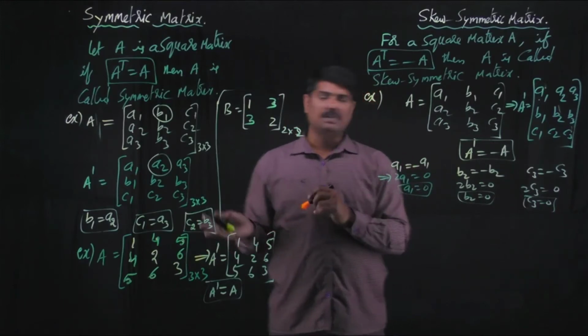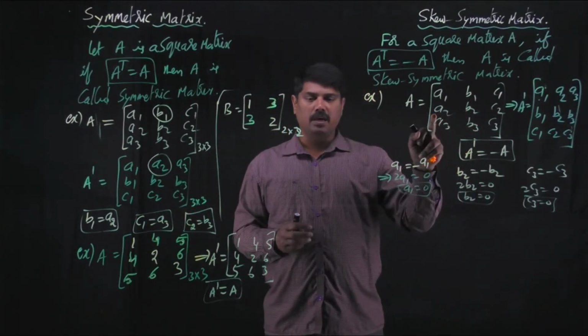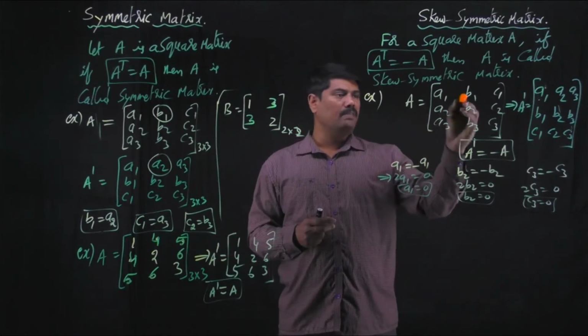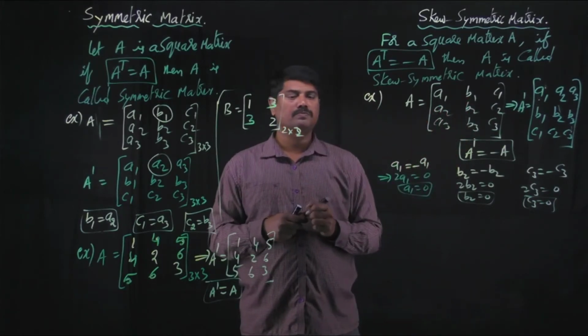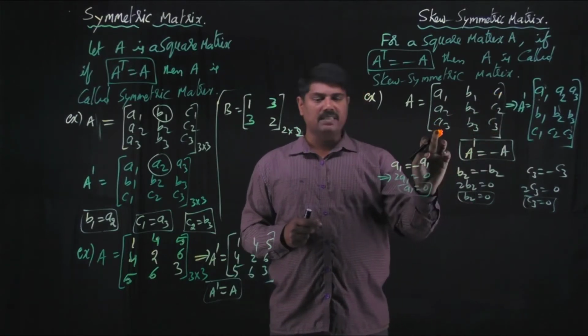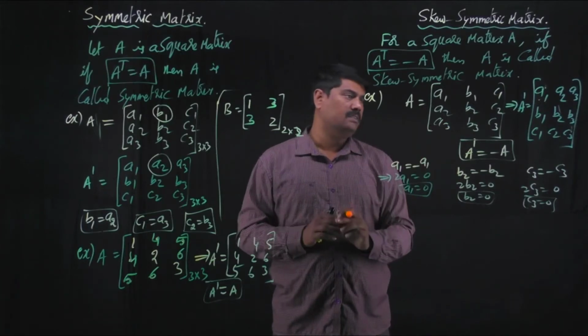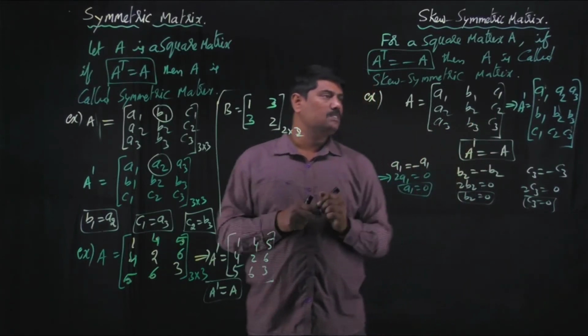The remaining concept is similar here. B1 and A2 have to be equal with opposite signs. B1 is equal to minus A2. And C1 is equal to minus A3. C1 and A3 have to be numerically equal with opposite signs. C2 is equal to minus B3.